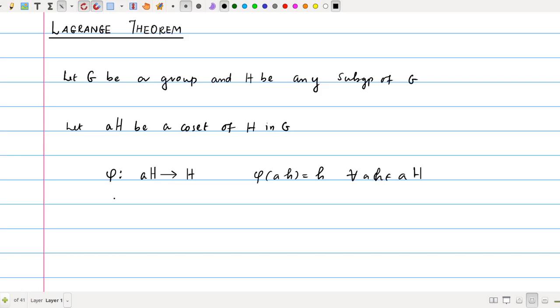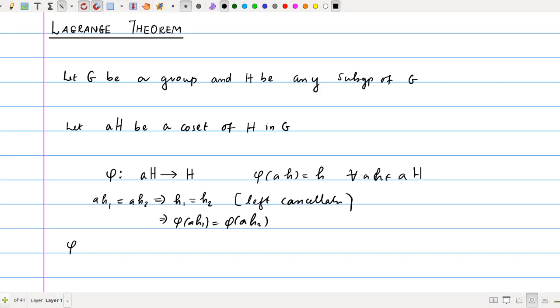Whenever you define such a function, first of all you need to prove that it is a function. This can be easily proven. Let ah1 equal to ah2 be two arbitrary elements, then the corresponding images h1 equal to h2, because of left cancellation. So this implies phi of ah1 equals phi of ah2, which proves phi is a function. Now you can prove the one-oneness.